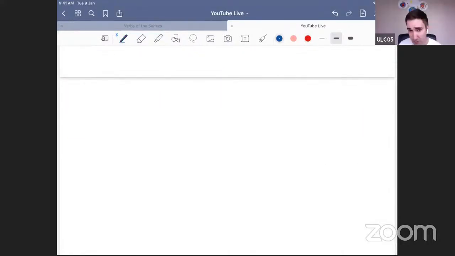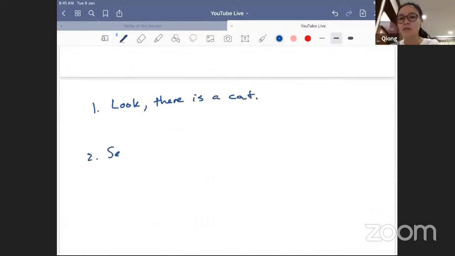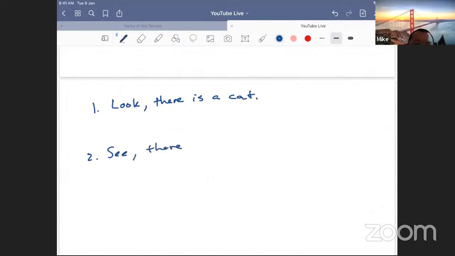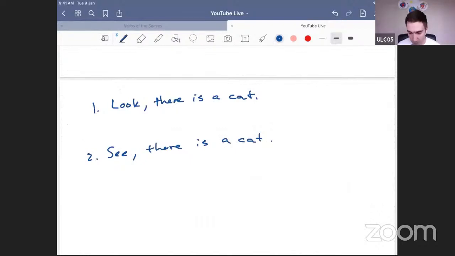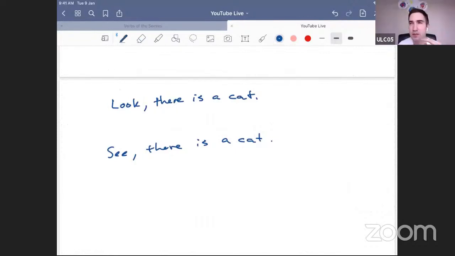So KK asked the question about look and see. Okay, good question. So in this case, C means like you're wrong.